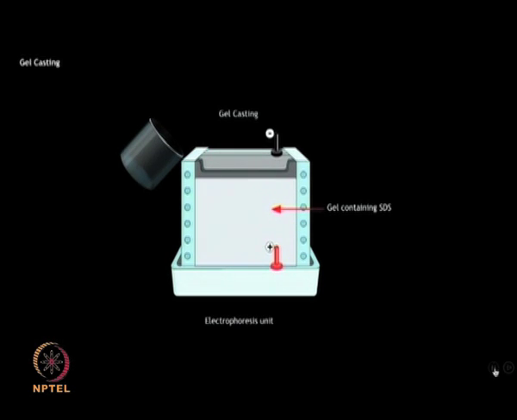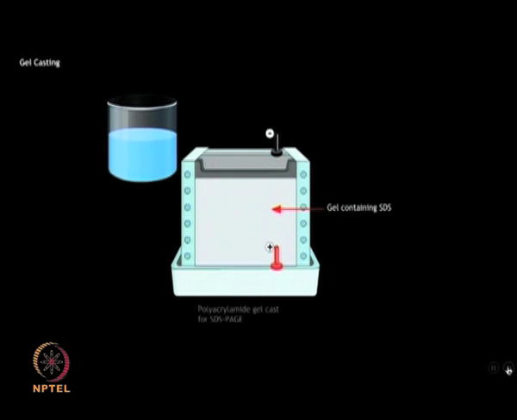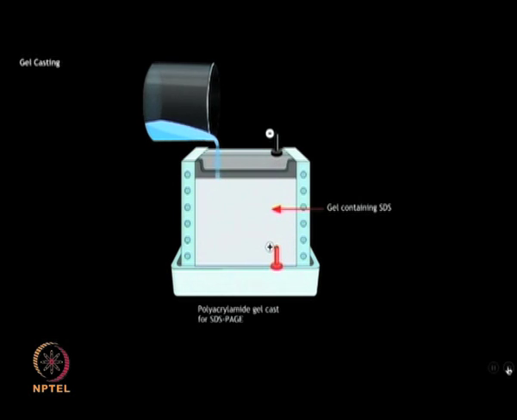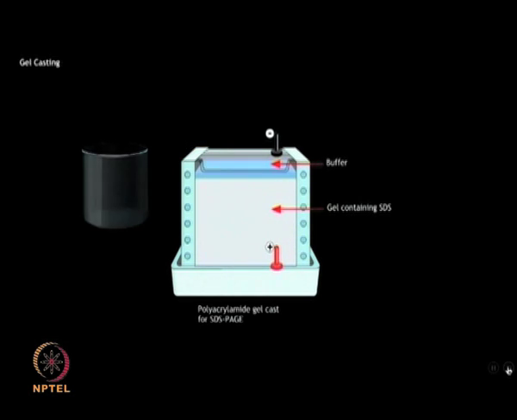First of all, the polyacrylamide gel containing SDS is cast between the glass plates as a vertical slab in the same buffer that is used for electrophoresis. The molecular dimensions of the pore can be controlled by varying the amount of N,N'-methylene bisacrylamide with free radical cross linking being facilitated by ammonium persulfate or APS and TEMED.